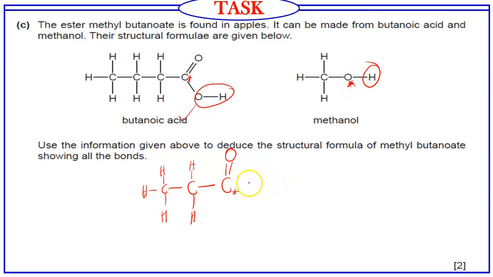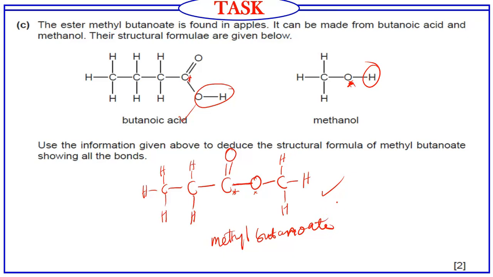So I'm going to get the O here, close, then write C, H, H, H. So this part and this part will now join with a single covalent bond to give you methyl butanoate. This is the structure of the ester. Don't worry, I will teach you how to name it. I hope this is clear.